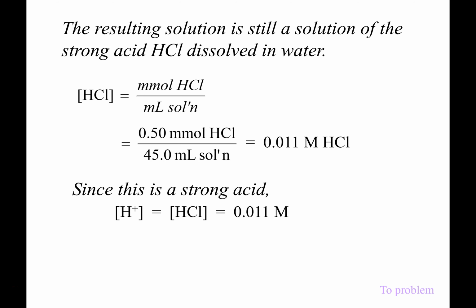That means my hydrogen ion concentration is also 0.011. And you know how to get pH from the molar concentration of hydrogen ion. We're going to take the negative log of that number. So log of 0.011 times negative 1, 2 sig figs shown after the decimal. So you're looking at a pH of 1.95 at that point in the titration.